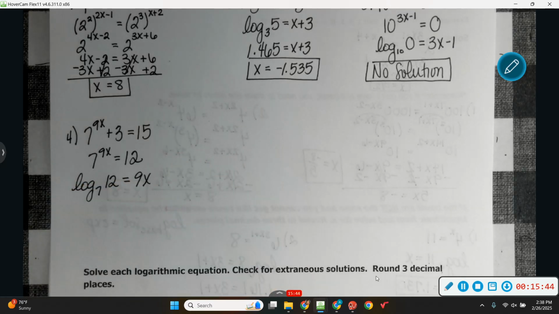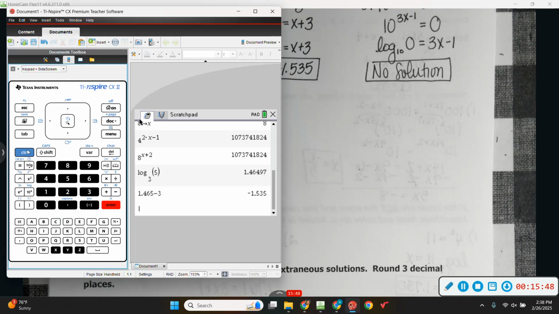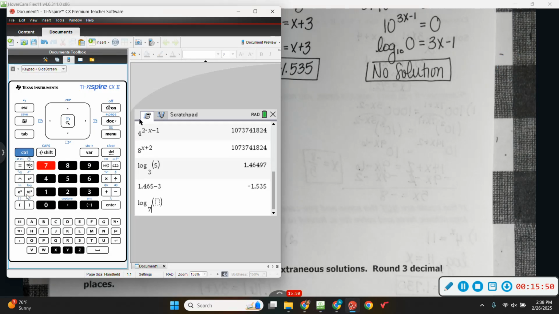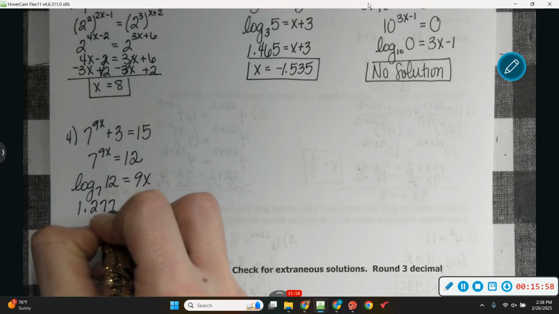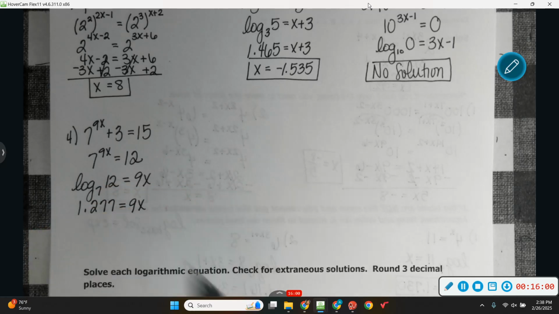Log base 7 of 12, if you type that in your calculator, gives you 1.277. 1.277 equals 9x.